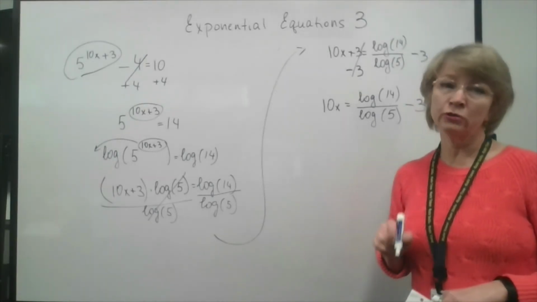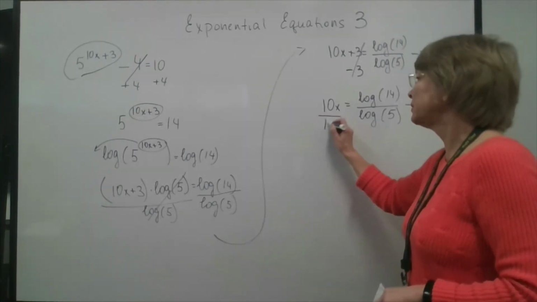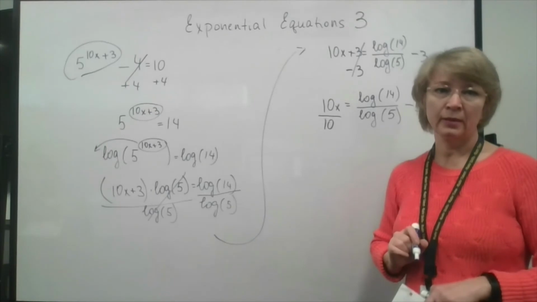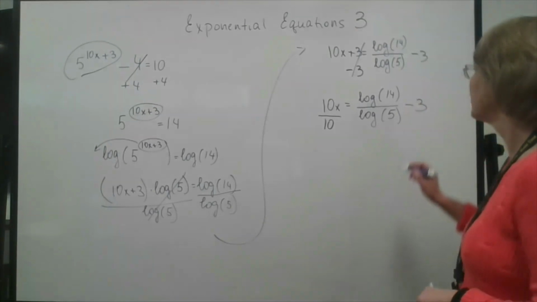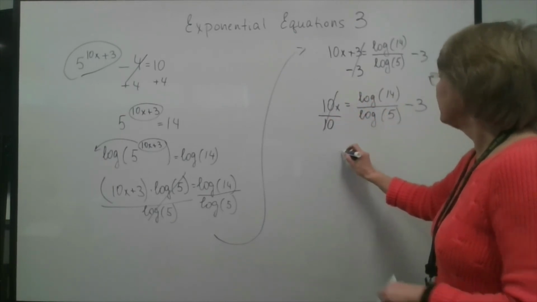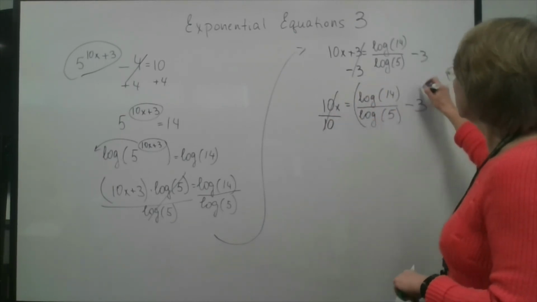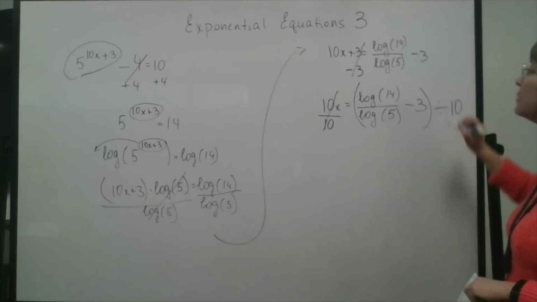I'm pretty sure that you know what will be the next step. You have to divide by 10. But what important do we have to do? This will cancel out. We have to put parentheses right here and divide by 10 like this.